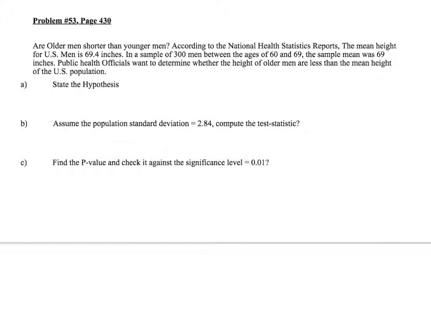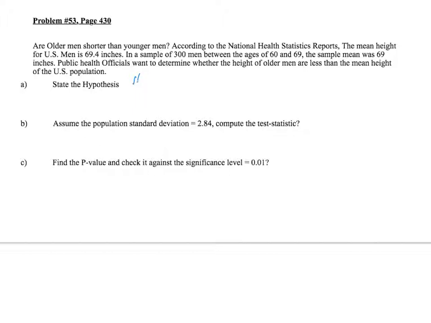In a sample of 300 men between the ages of 60 and 69, the sample mean was 69 inches. Public health officials want to determine whether the height of older men is less than the mean height of the U.S. population. So in this case, we will state the hypothesis.